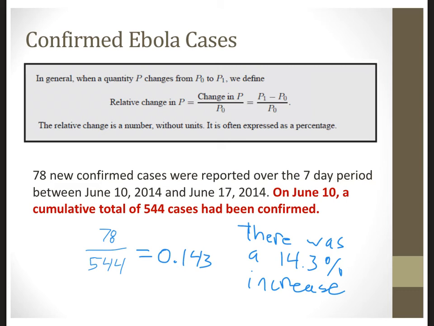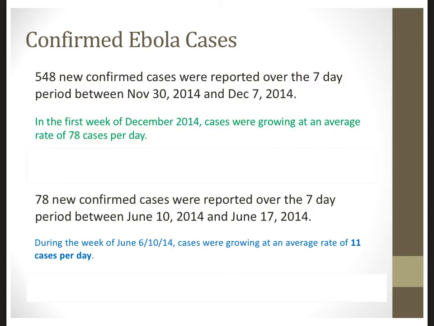And so let's summarize all of this information, both the absolute rates of change that we calculated in class, and let's see how we can make sense out of these relative rates of change that we just learned how to calculate. Okay, so summarizing together these average rates of change and the relative rates of change.